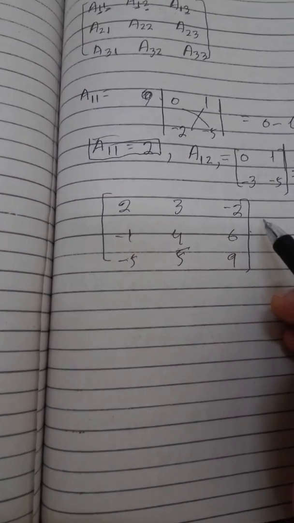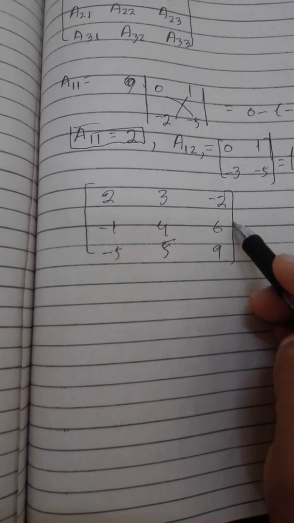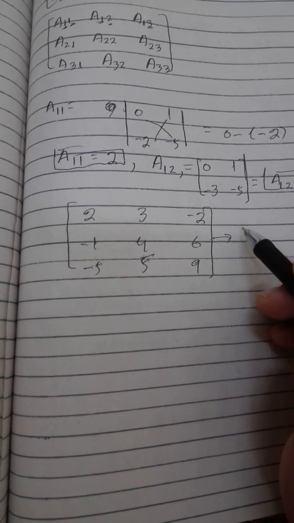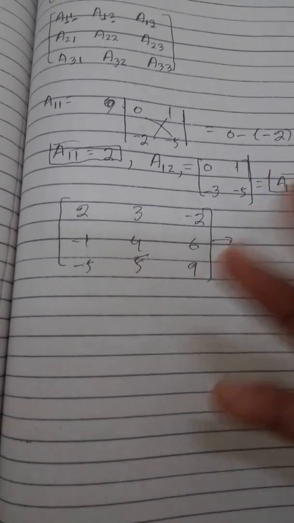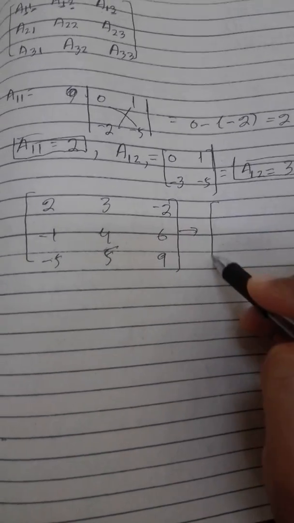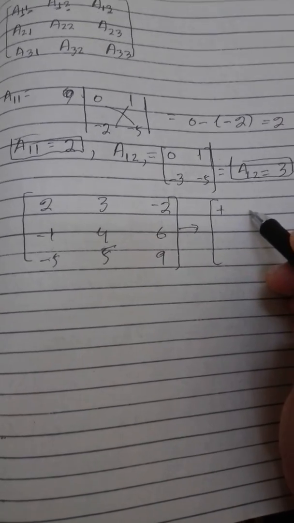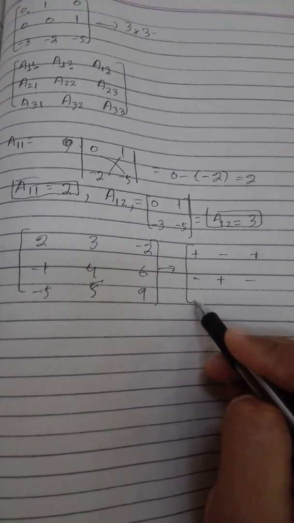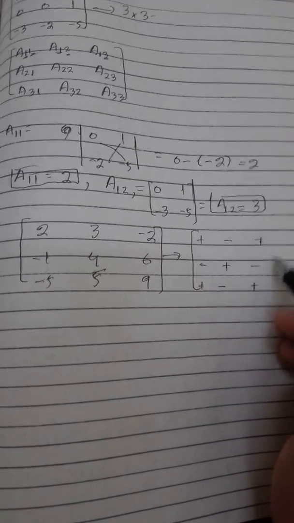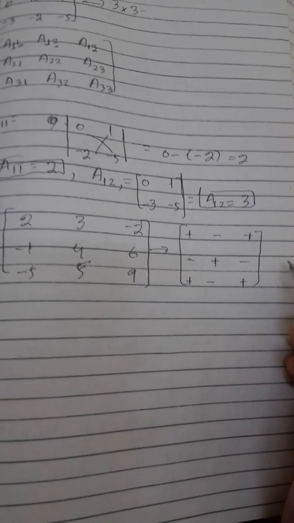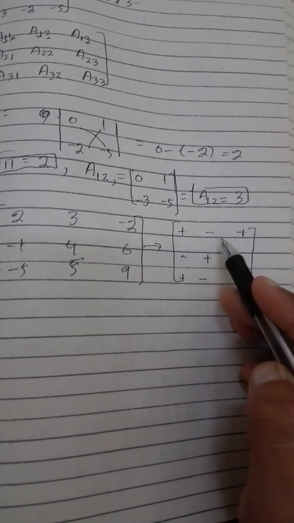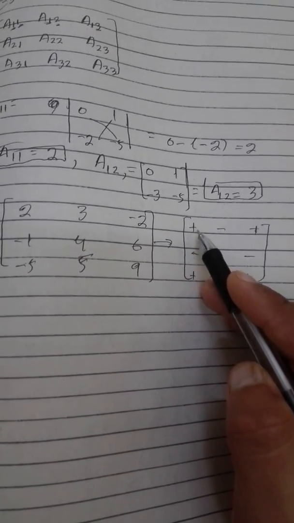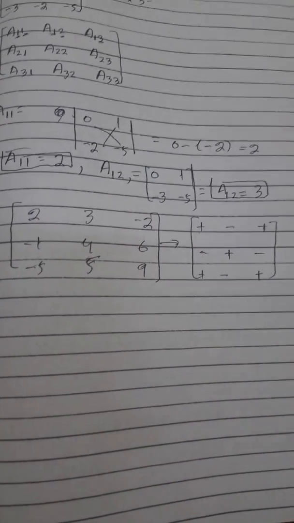By deciding the cofactor signs, you have to compare this estimated matrix with the sign matrix: plus minus plus, minus plus minus, plus minus plus. The logic in placing signs is that if you start from plus, the next sign will be different.